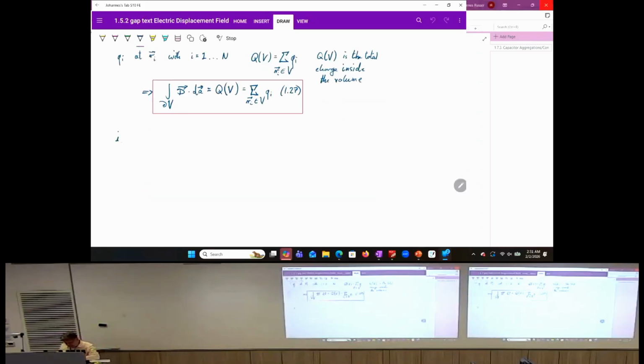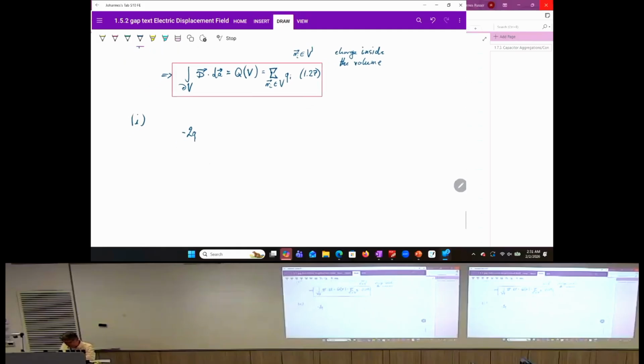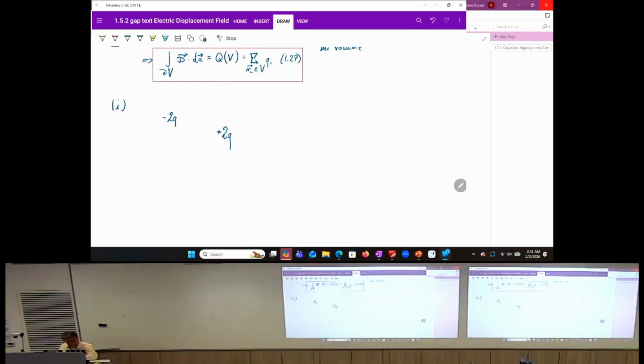For example, number one, you have here a charge of minus 2q and a charge of plus 2q. Now you put some control volume over it. This is our volume, and then we have the enclosing surface. These are our two charges.